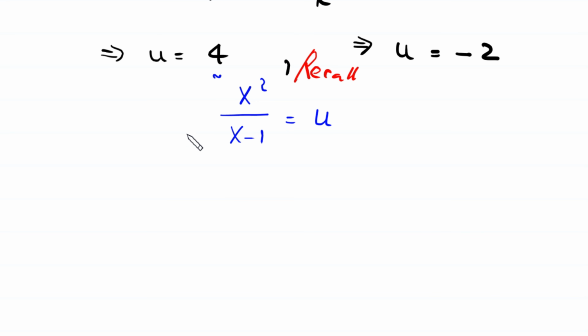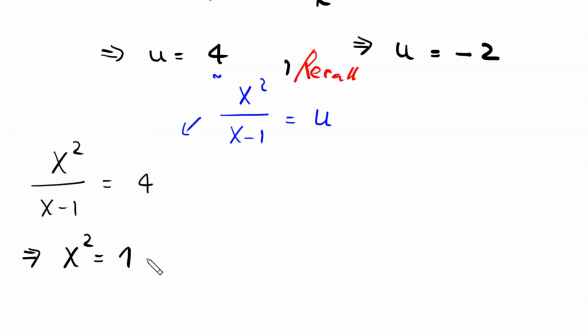When u is 4, then this will become x squared divided by (x minus 1) equal to 4. Multiply both sides by x minus 1. This implies that x squared equal to 4 times (x minus 1). Further simplify, this will become x squared equal to 4x minus 4.